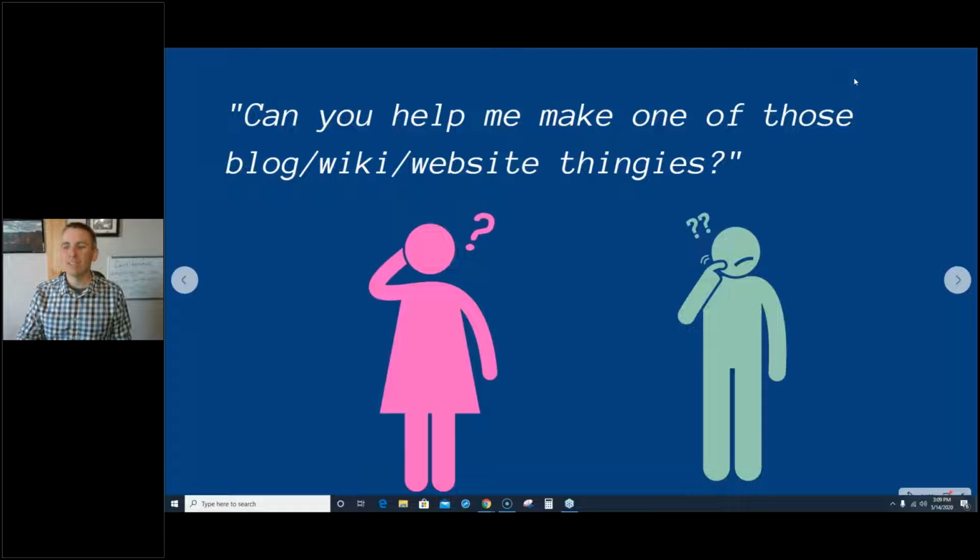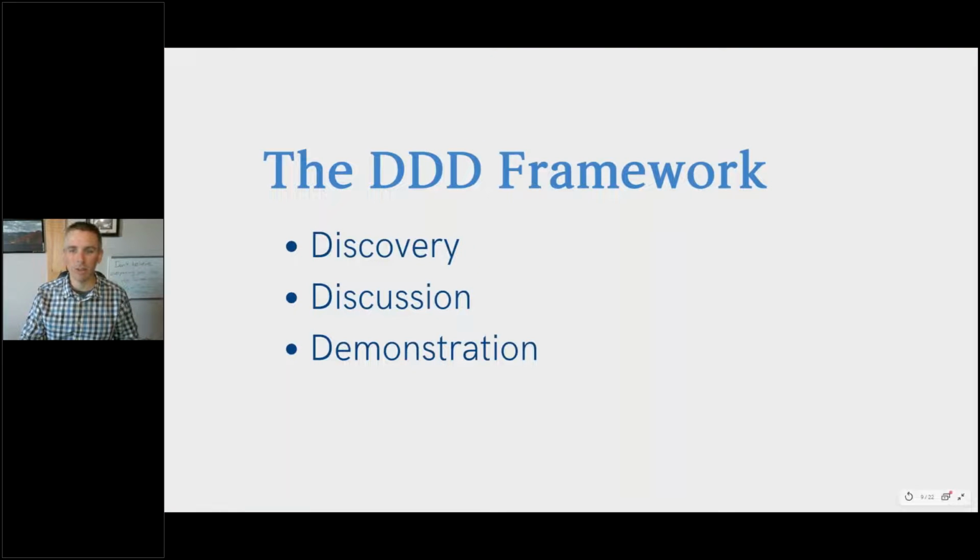But all of these things indicate to me that people don't have a good sense of how to use technology. They know they need to, but they're not quite sure what to do and how to fit some of these resources into their instruction. So about 10, 12 years ago now, I came up with this framework of discovery, discussion, and demonstration. And it's really that simple.